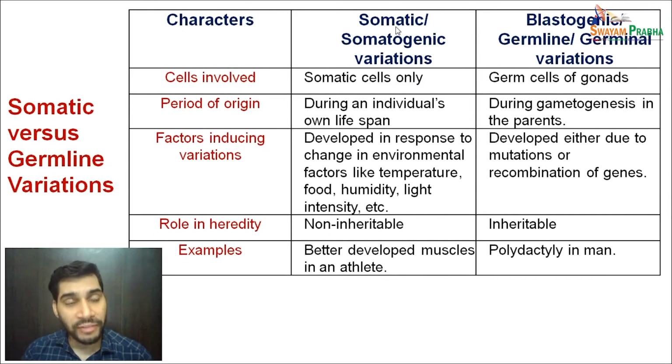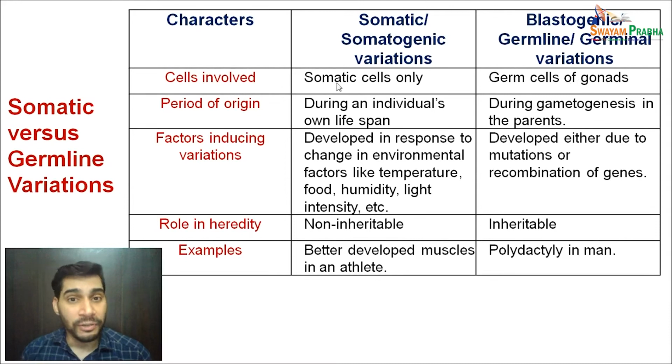In somatic variations, which you also call somatogenic variations, only the somatic cells are affected. Whereas in the blastogenic or germline or germinal variations, it is the germ cells of the gonad which get affected.